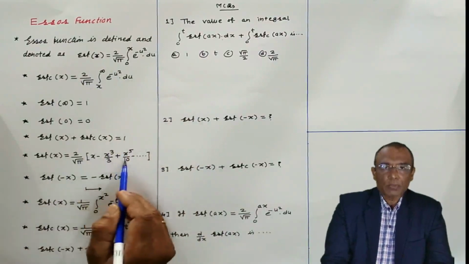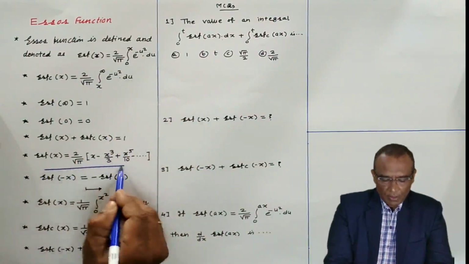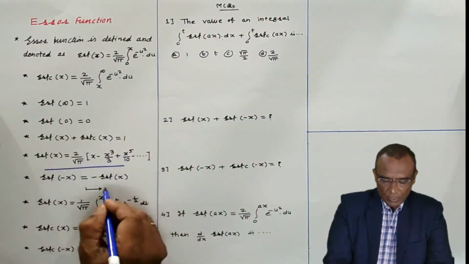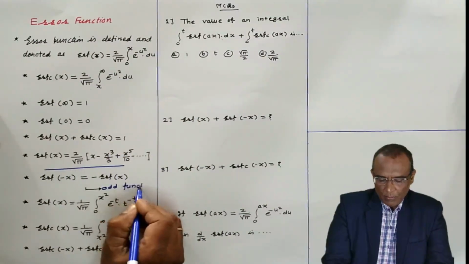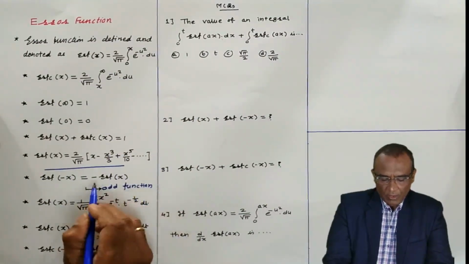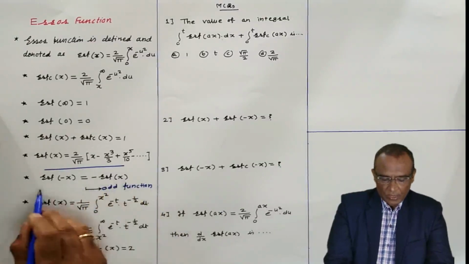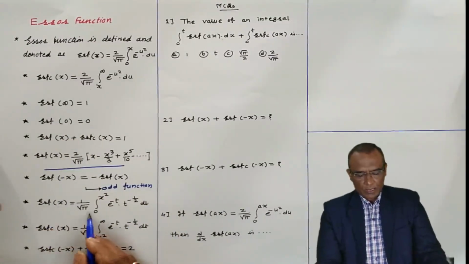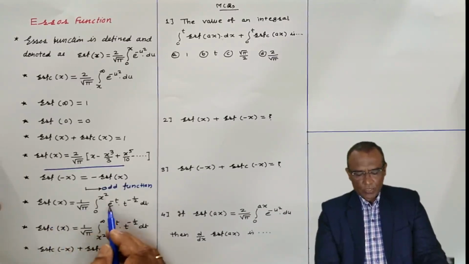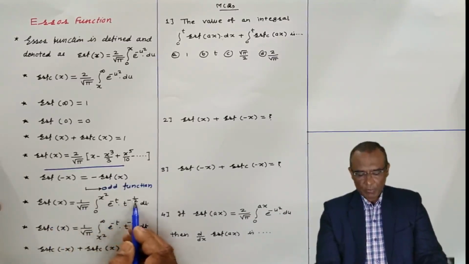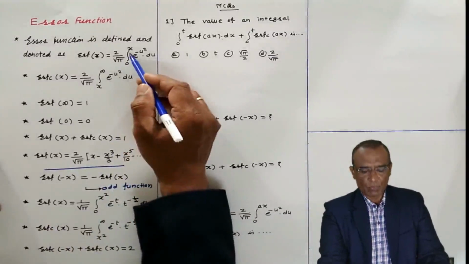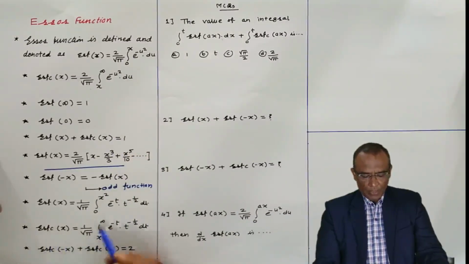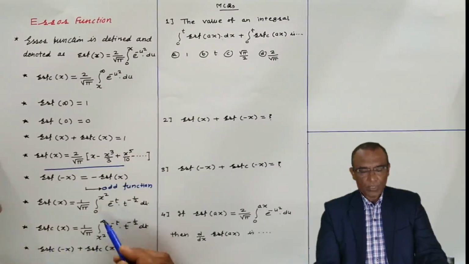The error function in terms of infinite series you may remember. Then error function is an odd function. The error function of minus x is minus of ERF of x, because this function is an odd function. Error function of x is 1 by root pi integral 0 to x square of e power minus t, t power minus 1 by 2. This result can be proved from this one. Complement of error function of x, the same thing, only limits are changed.